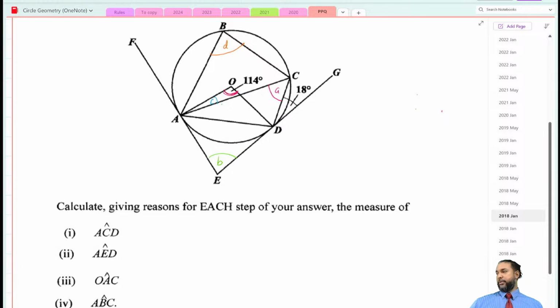Okay, I'll check all that after. Yeah, so 114 from 180 is 66. 66 divided by 2 is 33, and that's the whole angle here and here. And you subtract the 18 from that. Yeah, that's correct.